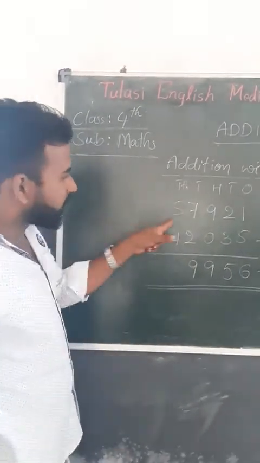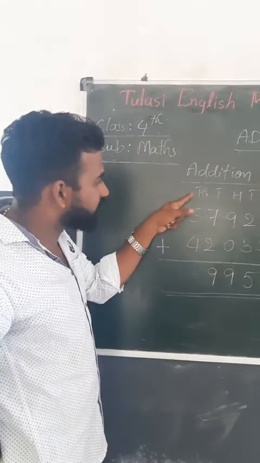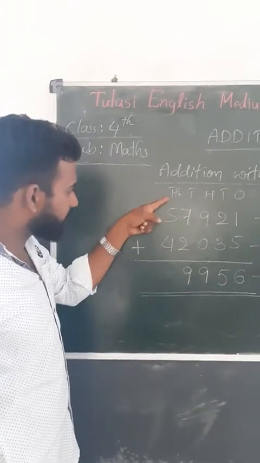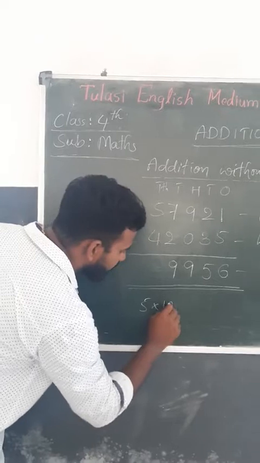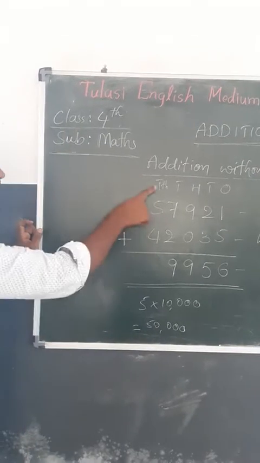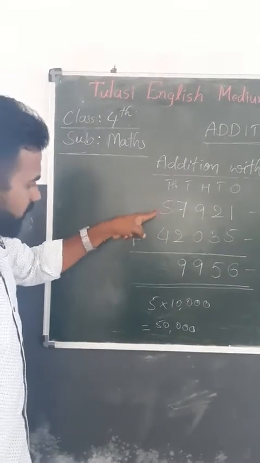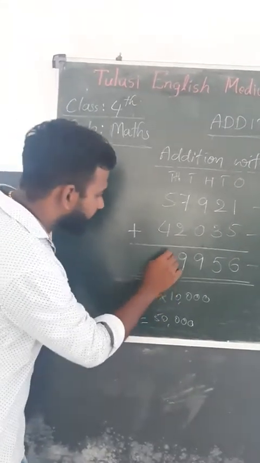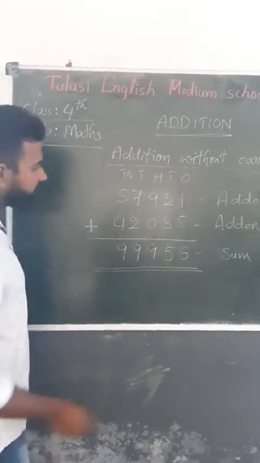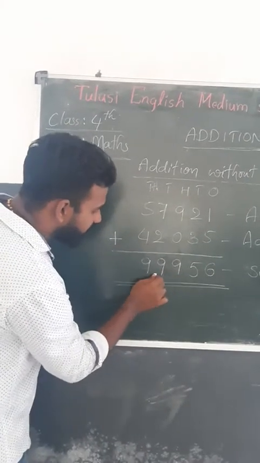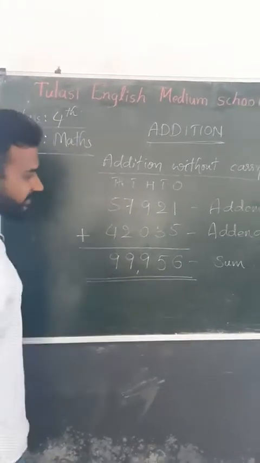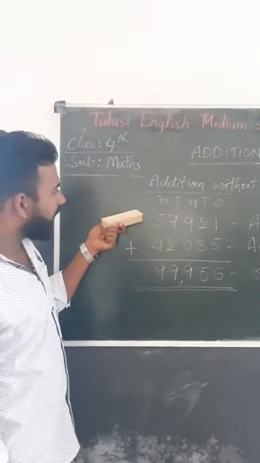It means 5 ten-thousands plus 4 ten-thousands. 5 ten-thousands means 50,000, and 4 ten-thousands is 40,000. 50,000 plus 40,000, 5 plus 4 is 9. 99,956 is the sum when we added these two addends.